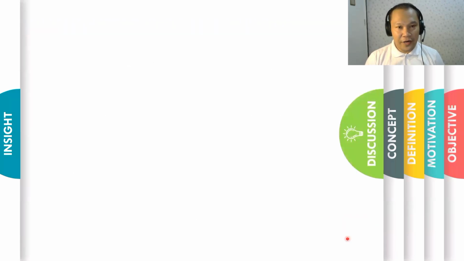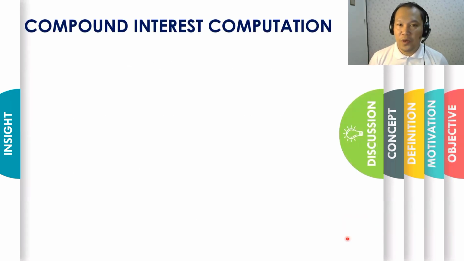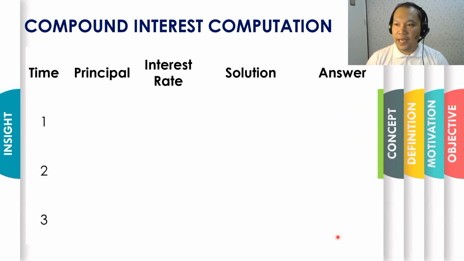Now, on the other hand, when we deal with the compound interest of Jose for 3 years, same with the tabulation. We have here the time, the principal, the interest rate, then the solution, then our answer. Now, kindly observe what will happen.